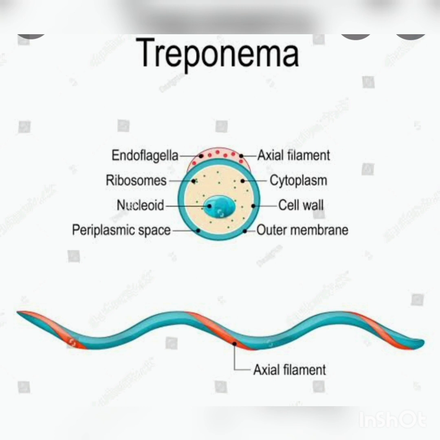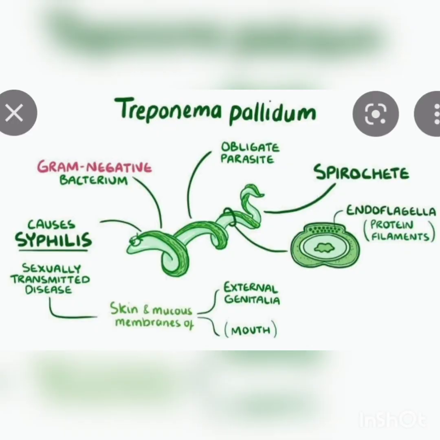They cause infections. A sexually transmitted disease called venereal syphilis is caused by one of the organisms under this genus, Treponema pallidum. Treponema pallidum is the causative agent of venereal syphilis, a sexually transmitted disease.